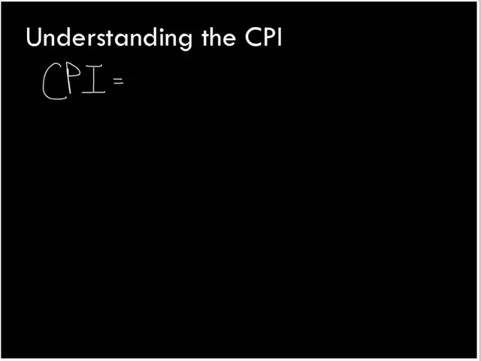CPI equals the expense of our basket right now, in time period t, divided by the expense of our basket in the base year. And then, of course, it's times 100.